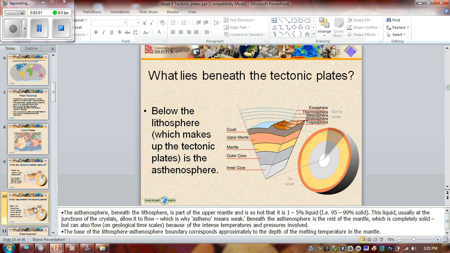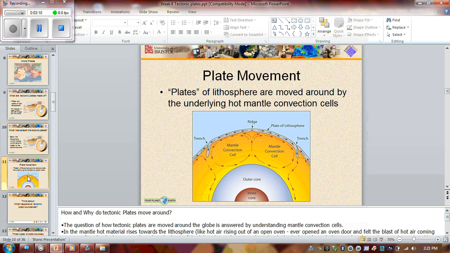Now, beneath the tectonic plates is the asthenosphere, which is the upper part of the mantle. Now, how do these plates move? Below the lithosphere that you see in gray is the asthenosphere, or the upper mantle.